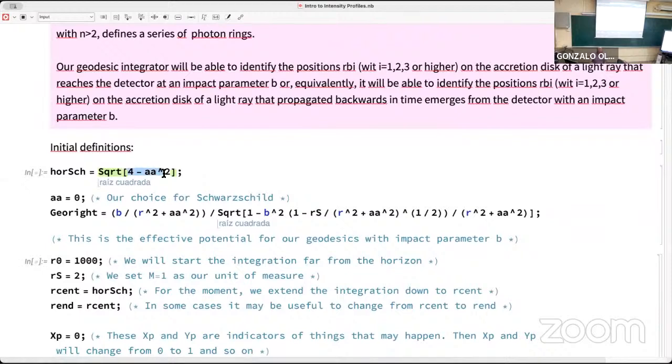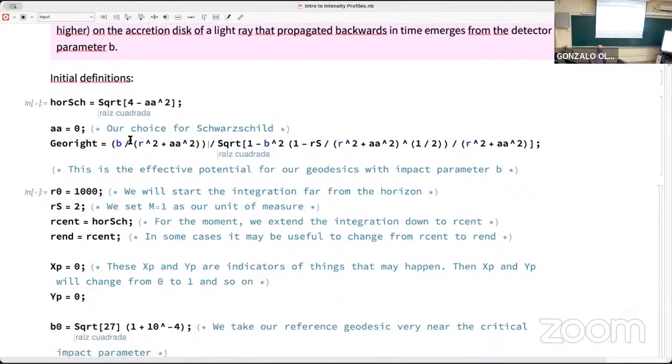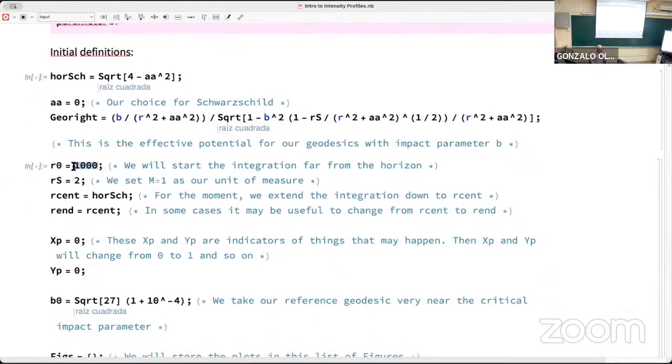Everything is written in terms of a. Even the geodesic equation is written precisely for this model, so it is straightforward to adapt it to other codes, to other geometries.